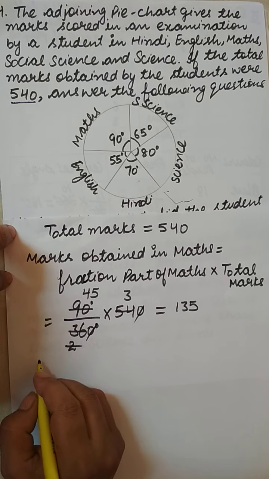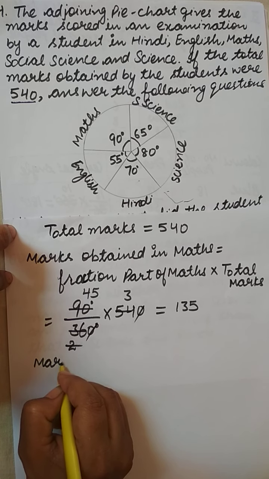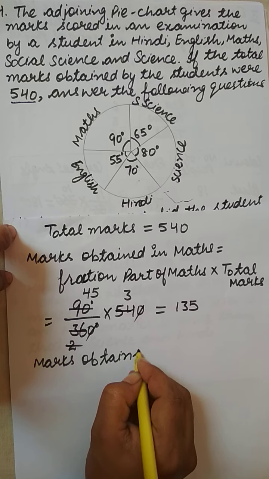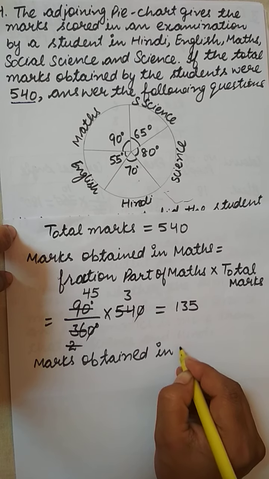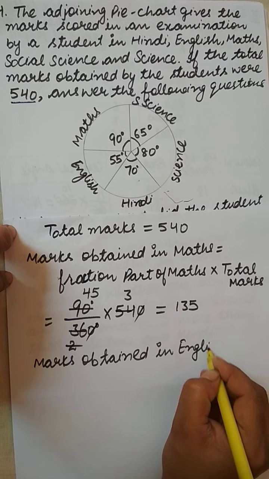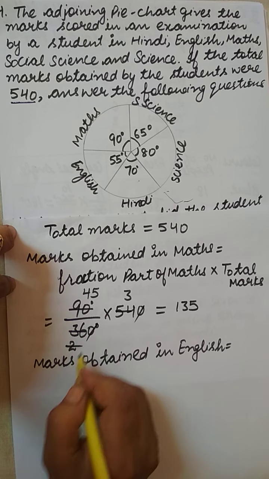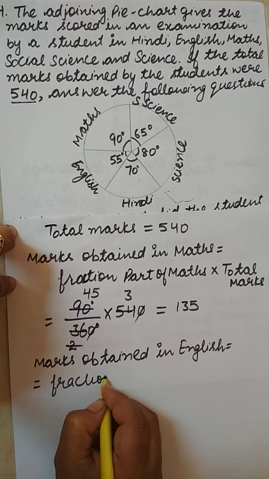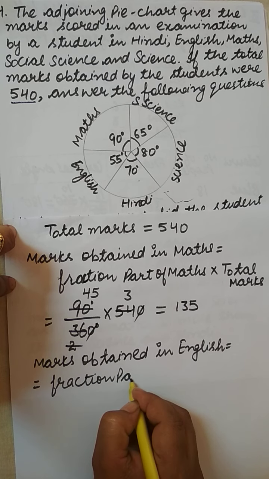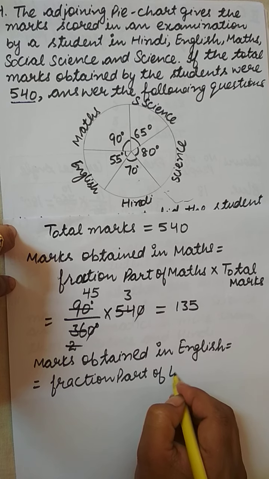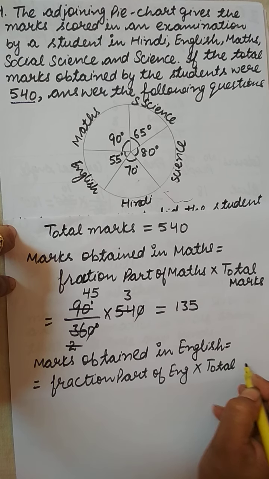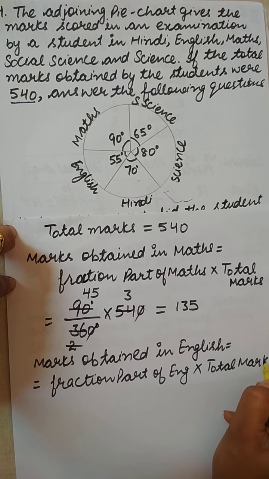Now for English, marks obtained in English will be equal to, again the same thing we will do, fraction part of English multiplied by total marks.